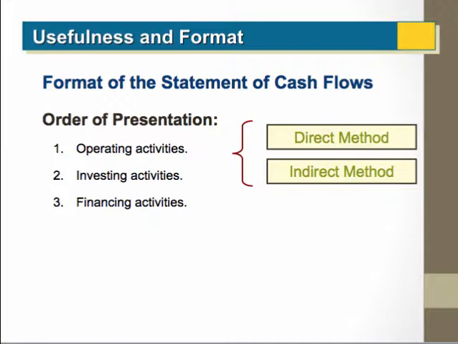The indirect method starts with net income and adjusts the net income balance to recognize the non-cash activities, and then you can see the changes in cash to determine the cash generated from your operating activities. The direct method and indirect method formats are only different in the operating section of the statement of cash flows. The investing activities and the financing activities will be identical for both methods.